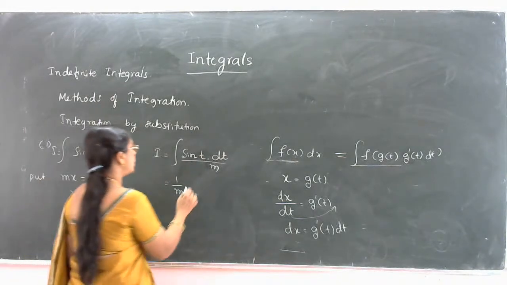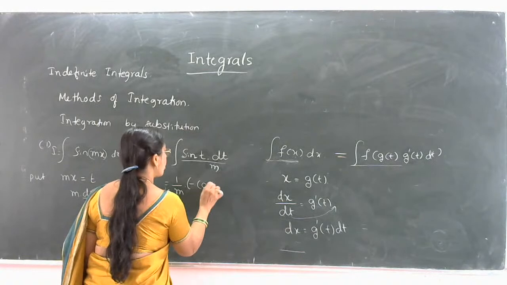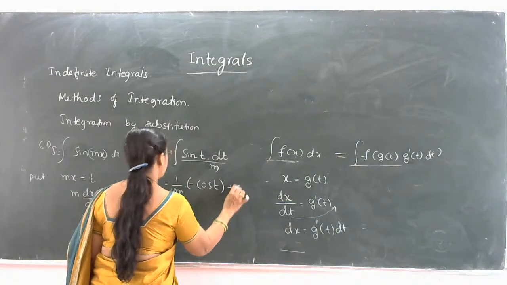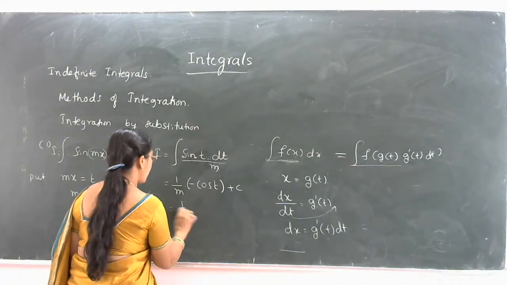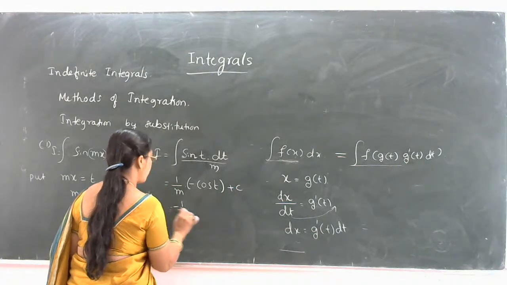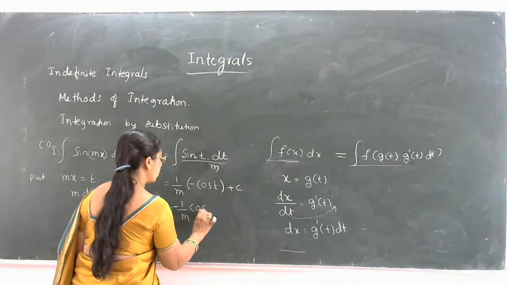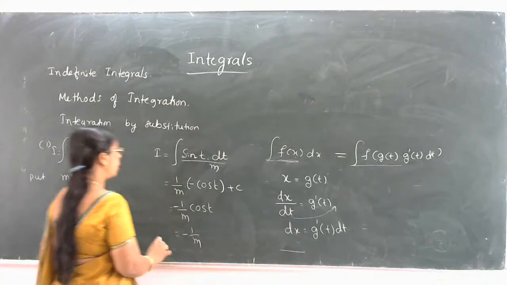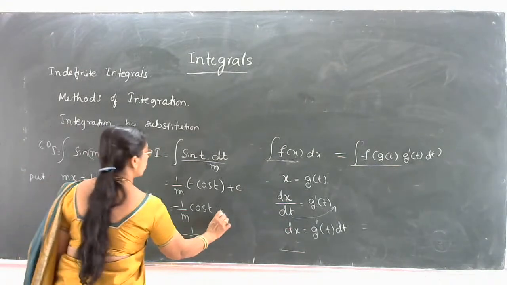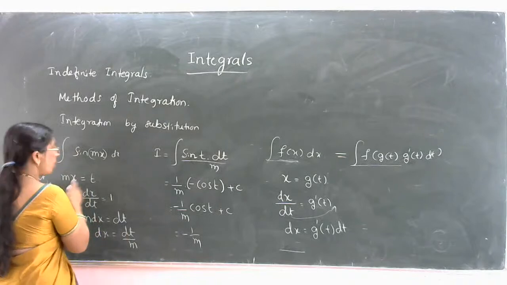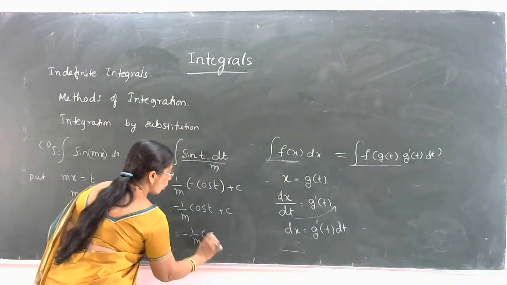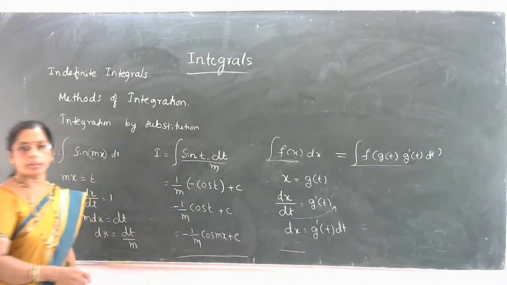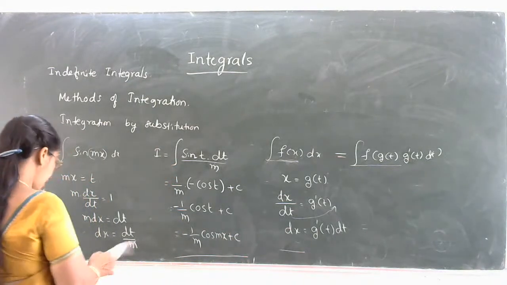Integration of sin t is equal to minus cos t plus c. Therefore, minus 1 by m cos t. But here t is equal to mx. Therefore, minus 1 by m into cos of mx plus c is the answer.